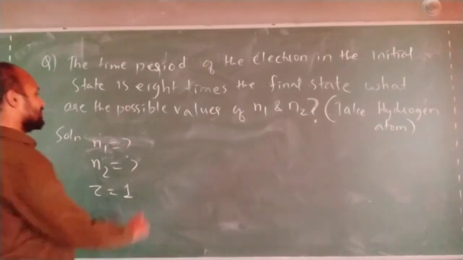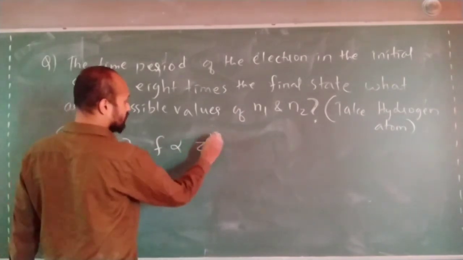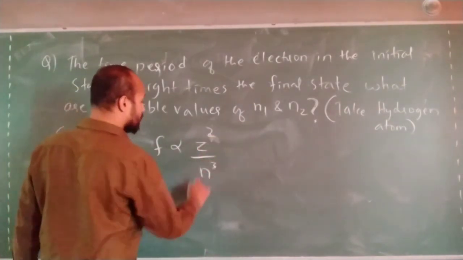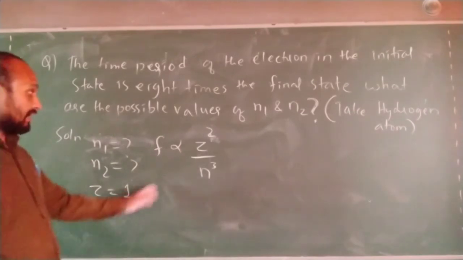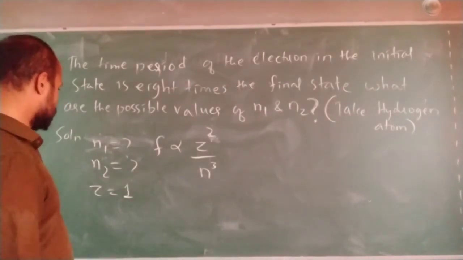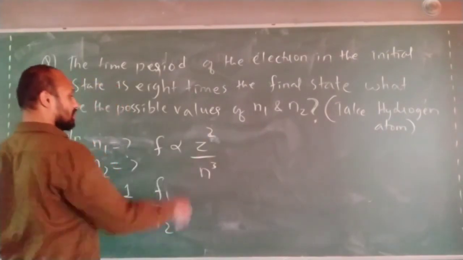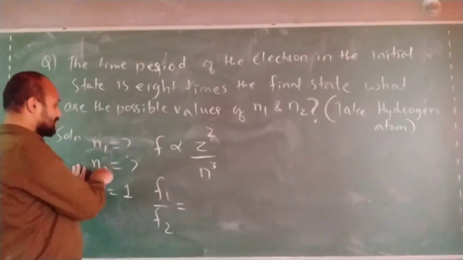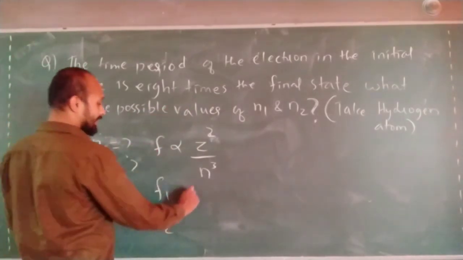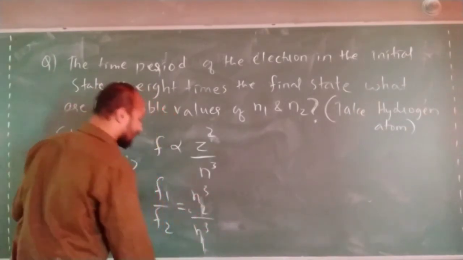So frequency, as far as we know, is proportional to z square divided by n cube. See, here it will be helpful for us. There are two frequencies, f1 by f2 can be written as, here z is common for both initial and final, so I can write n2 cube divided by n1 cube.